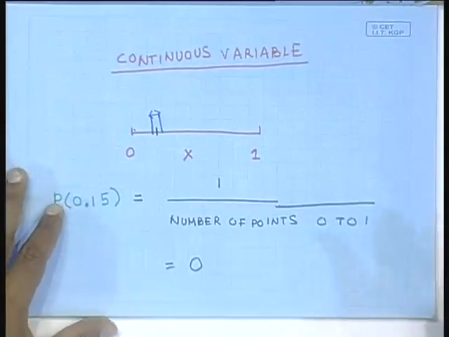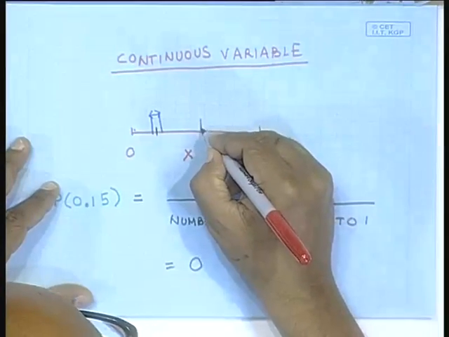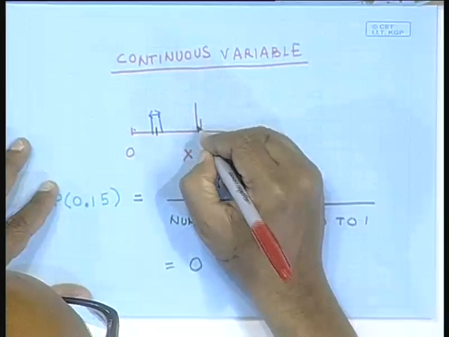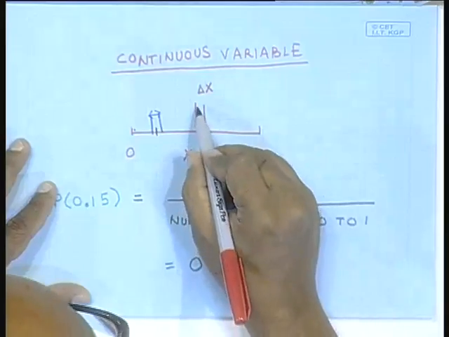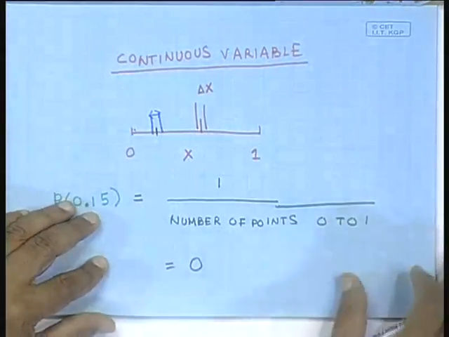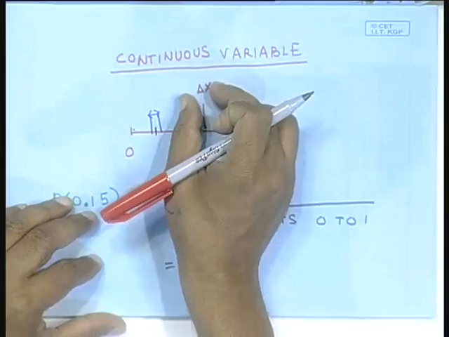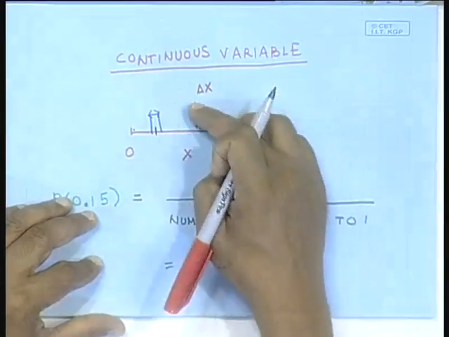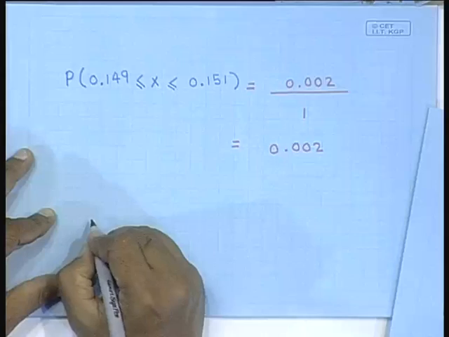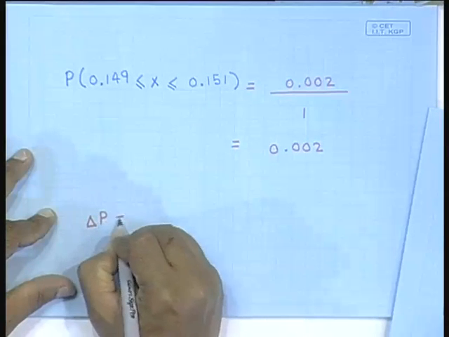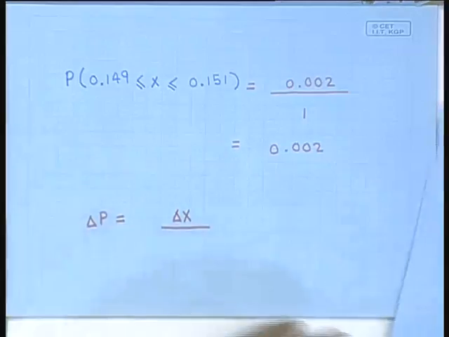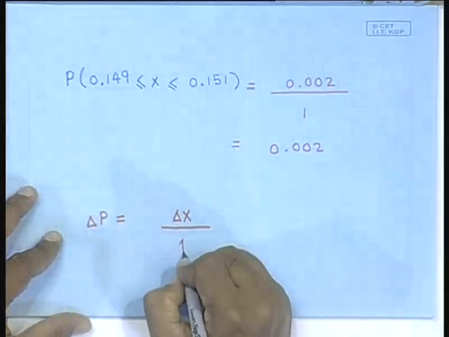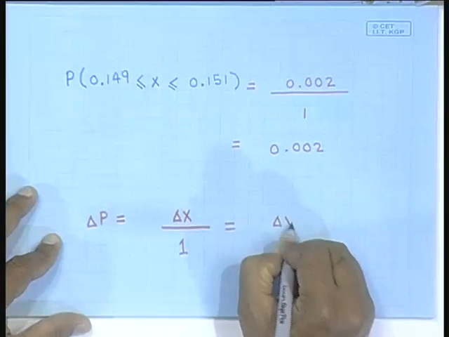Now, let us ask the same question: what is the probability of finding the particle in an interval delta x around the point x? In this particular case, the probability of finding the particle in this interval delta x around the point x, which we will denote by delta p, is just equal to delta x divided by the total range, 0 to 1, so it is just equal to delta x divided by 1, which is delta x.